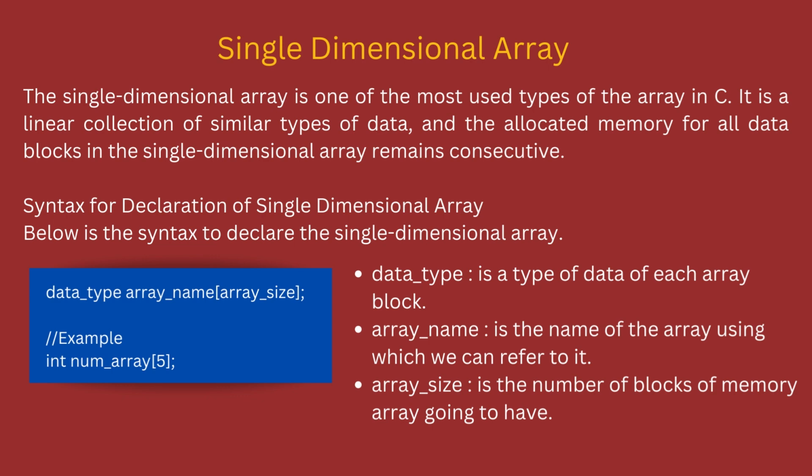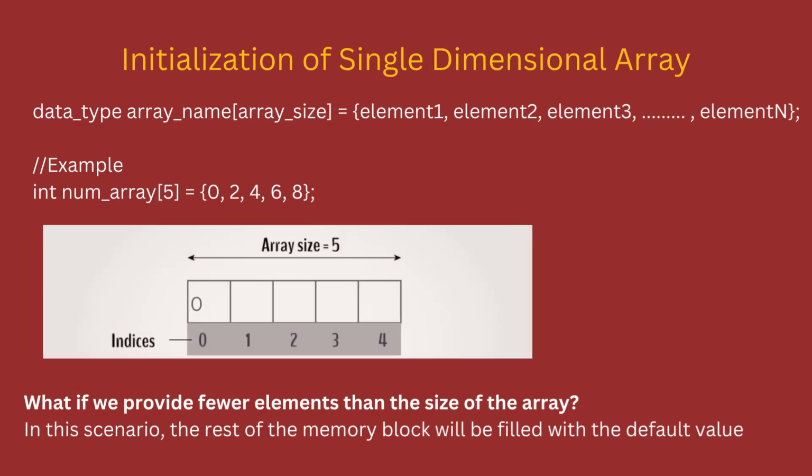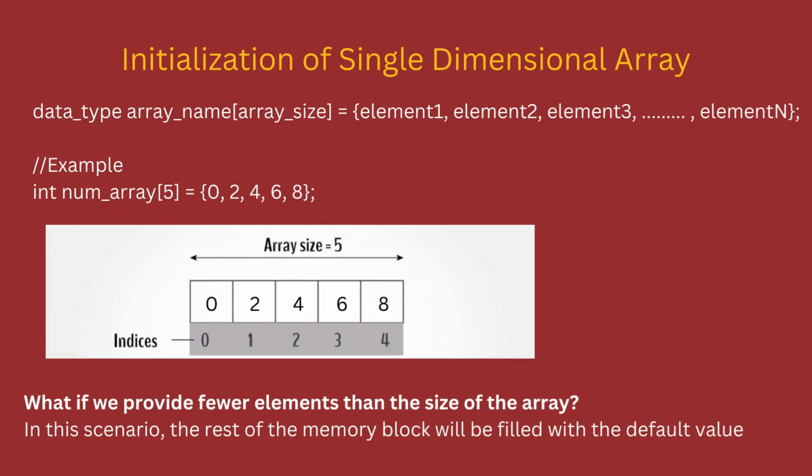Then the array size, which is the number of memory blocks the array is going to have. Here is one example: we create an array num of integer type which will store 5 elements of integer type. I think the syntax is very easy, so it will be clear to you. Then we will go to the memory allocation.